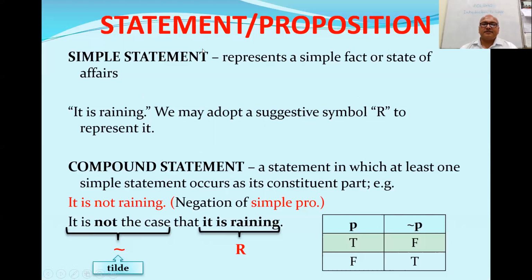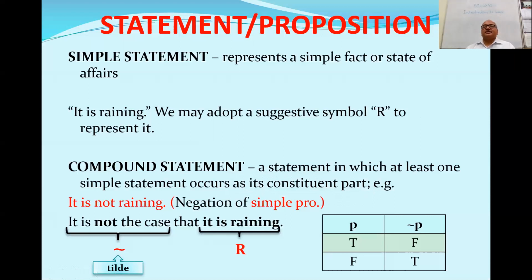Now, depending on the definition of a simple statement, we define a compound statement. Its definition is something like this: a statement in which at least one simple statement occurs as its constituent part. What it means is that in a compound statement, there is at least one simple statement.